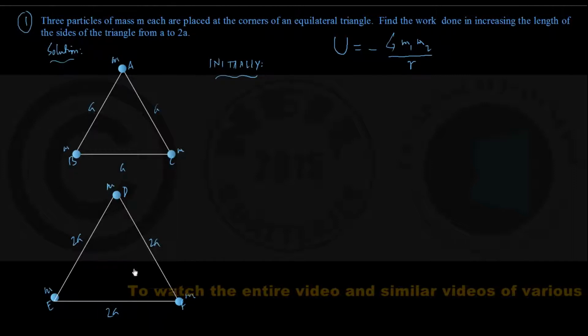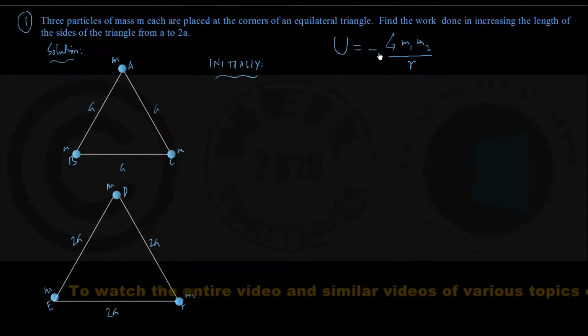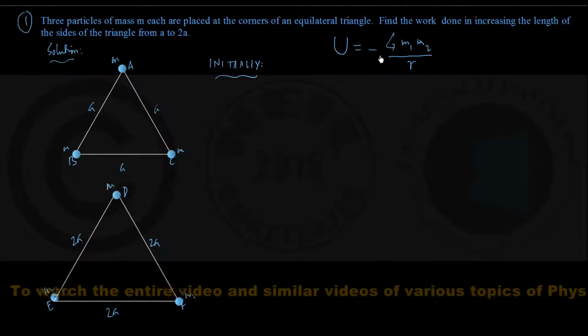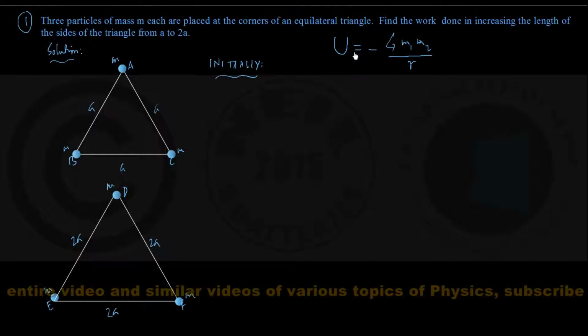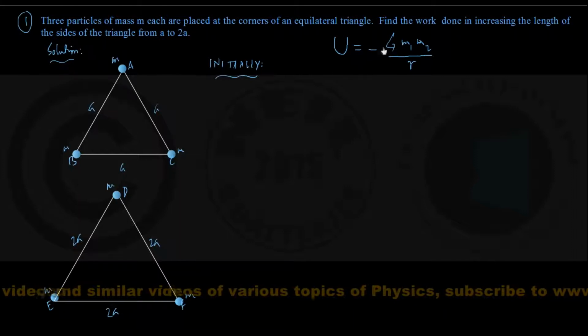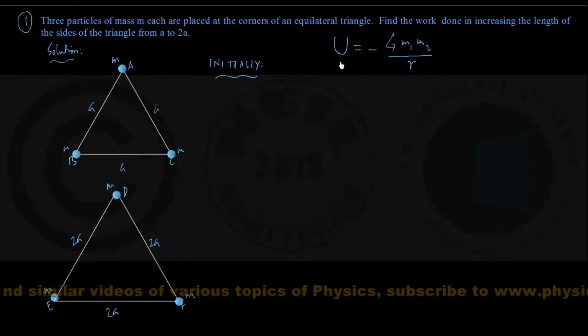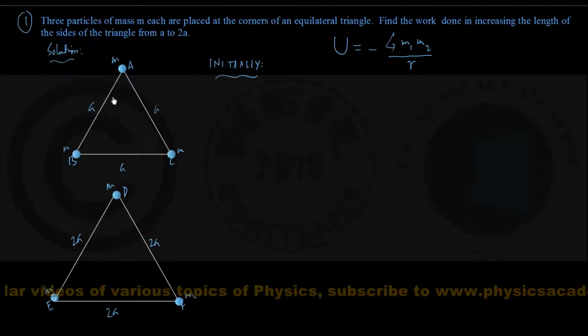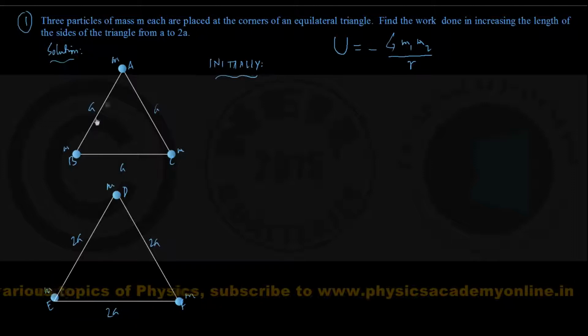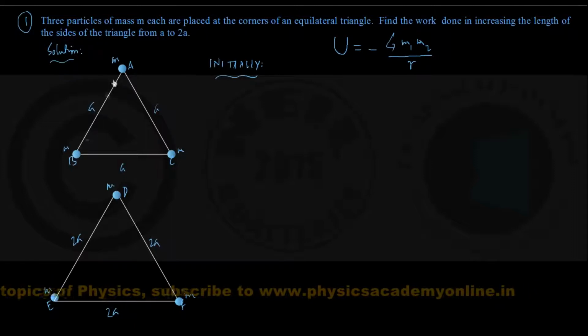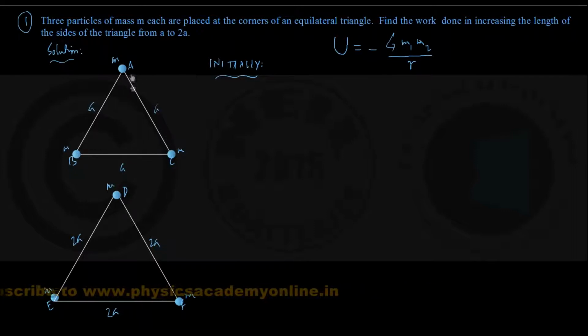The minus sign is there because we conveniently assume that when there is infinite separation, the potential energy of the system is taken to be zero. Now, we can apply this formula for the three pairs of particles possible for this three-particle system. We shall consider particles at A and B first as a pair, find the energy, then find the energy for the pair at B and C, and then at C and A. We have done it before, just a short time back.